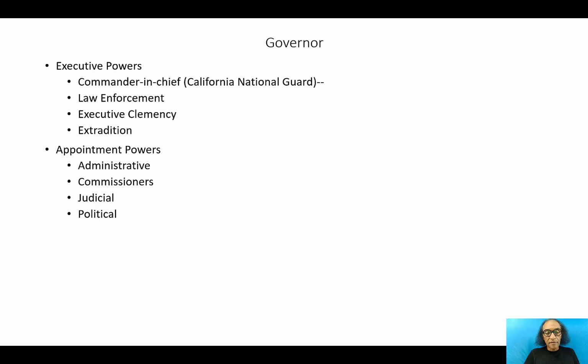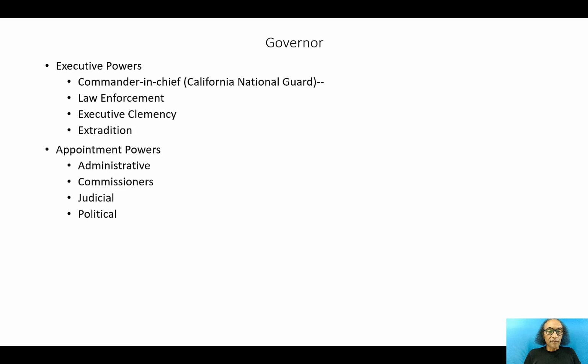Now, the governor has a variety of executive powers, and we'll look at them in subsequent slides. But his direct constitutional executive powers include that of commander-in-chief. Again, not commander-in-chief in the same way as the U.S. president, who is commander-in-chief over all the armed forces.